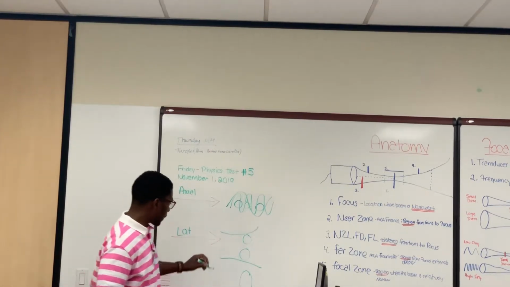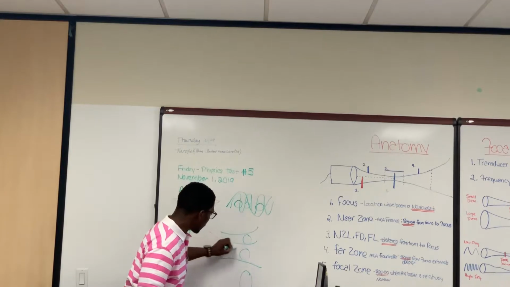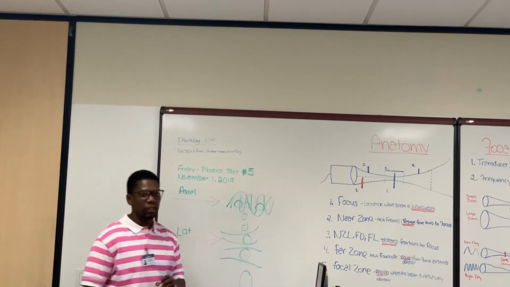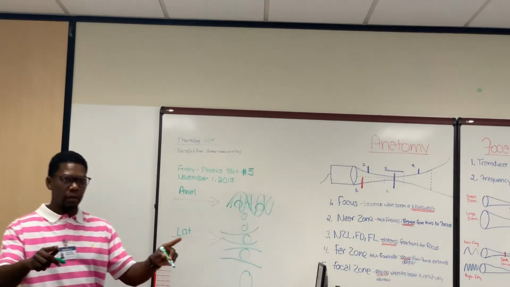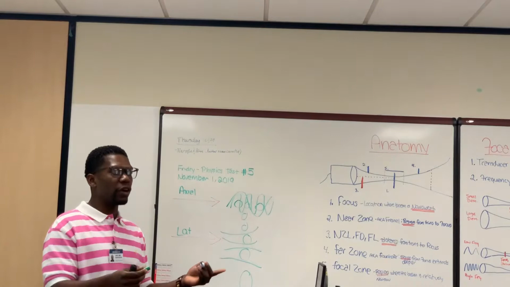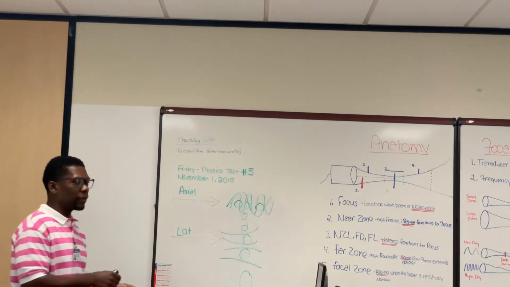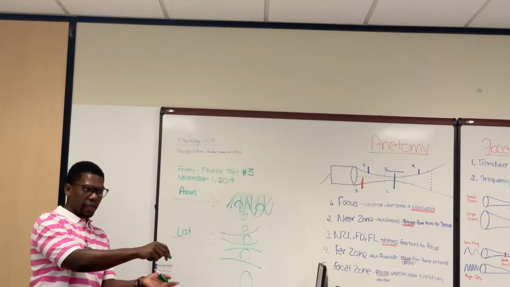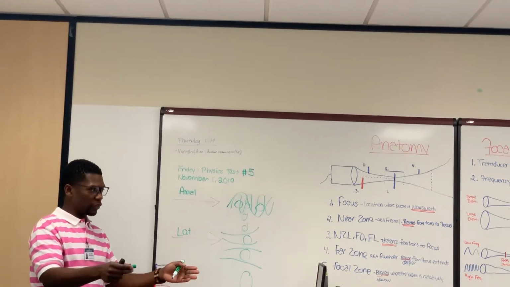But if our beam is thin enough to separate these structures, then we're going to be able to see both of those structures separately. That's the consequence. That's why we want a thin beam, so it can go in between the structures that are perpendicular to it and separate those as two different structures.